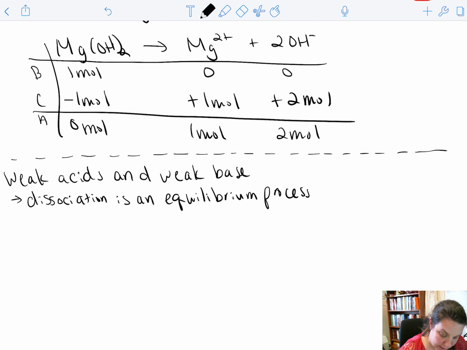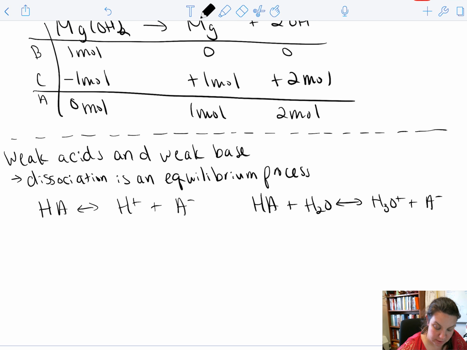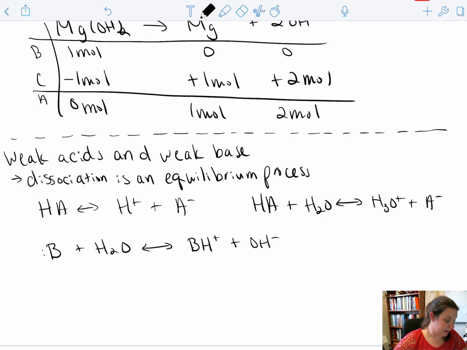So we have some HA producing H plus and A minus, and of course we can write that with water if we would like. And then with our weak base, we must write it with water because it reacts with water. Looks like that.